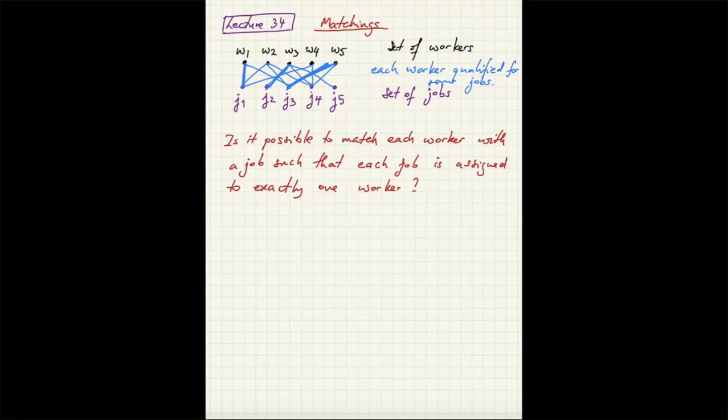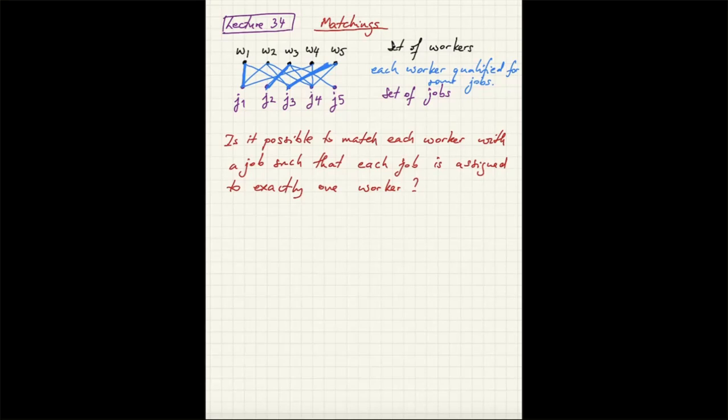So the question for us would be if it's possible to find 5 edges with this property, such that each vertex is contained in one of them. So to put this problem in the language of graph theory, let's describe it as follows.